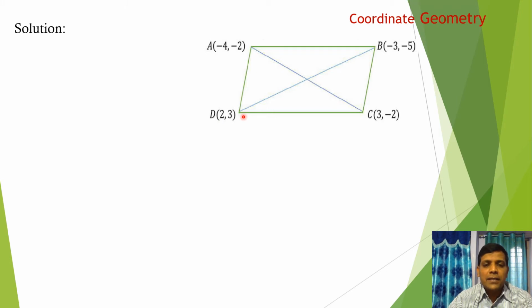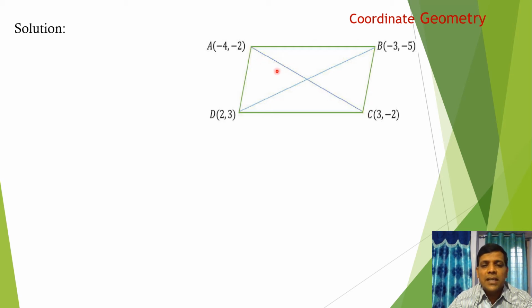Now you have to find the area of the quadrilateral. So what is the property of a quadrilateral? A diagonal divides the quadrilateral into two parts. What are the diagonals? AC is a diagonal and DB or BD is also a diagonal. Draw any one diagonal.